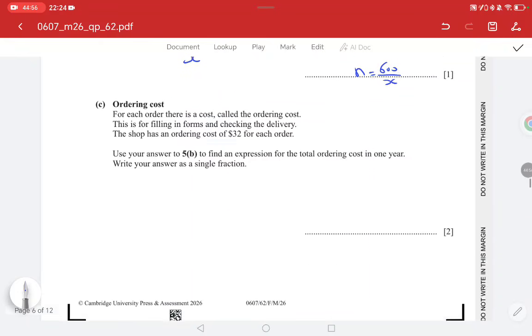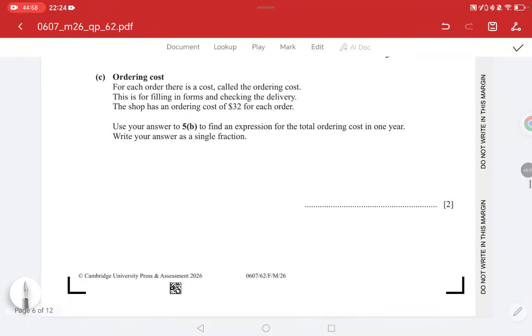Next one, ordering cost. For each order there is a cost called the ordering cost. This is for filling in forms and checking the delivery. The shop has an ordering cost of $32 for each order. Each order is 32, so it's 32n, 32 times the number of orders.